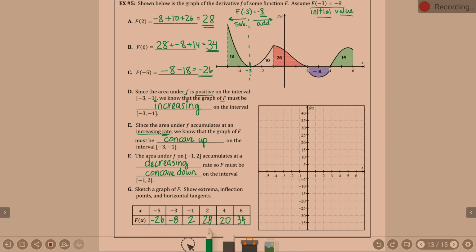Okay, so let's put the points on. We are sketching the graph of capital F of x.